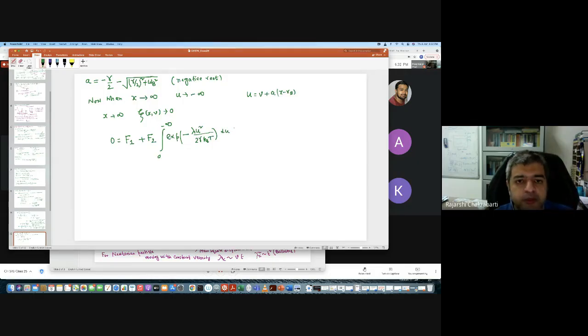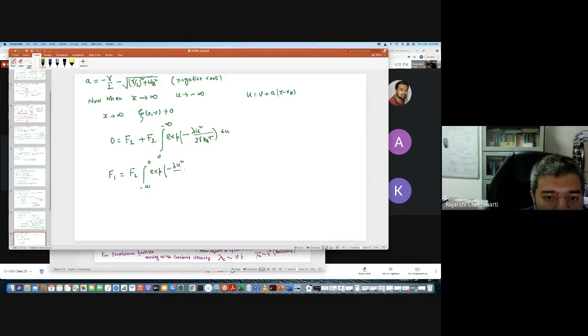Is this fine with you, Anish? Should be fine. Yes. Okay, so it basically means that f1 is equal to f2 with minus infinity to 0. I just change the integration limits.